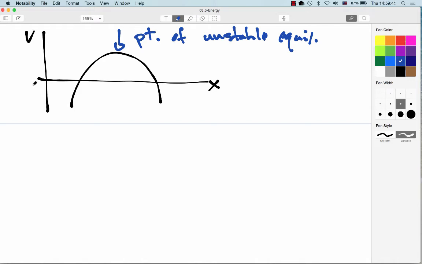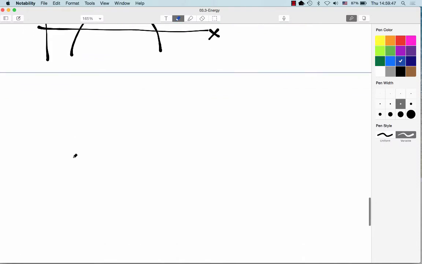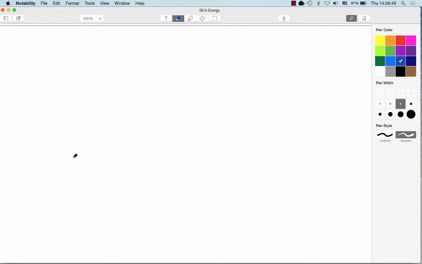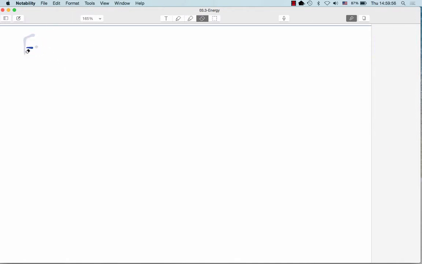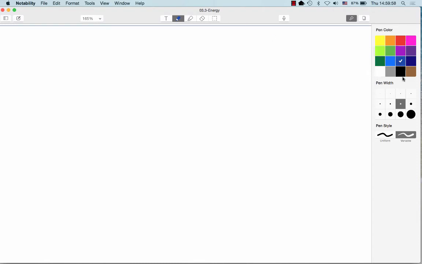Okay, so let's finish off this video doing a few examples just to get some feel for it. Let's look at our stability a little more carefully. In this example here, I'm going to imagine putting a cube and balancing it on a cylinder.